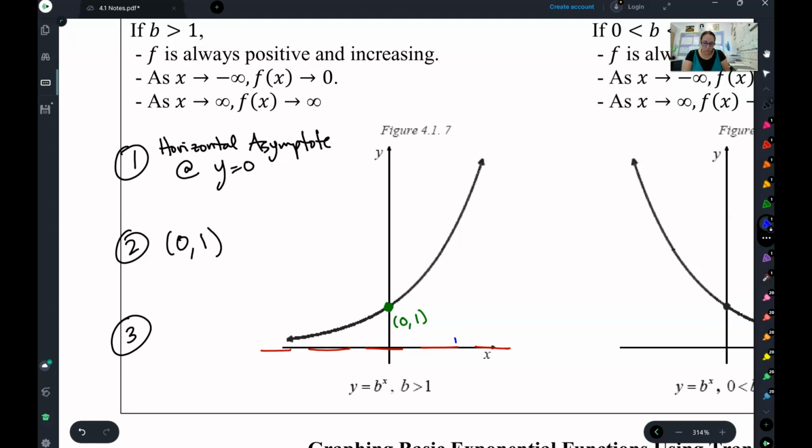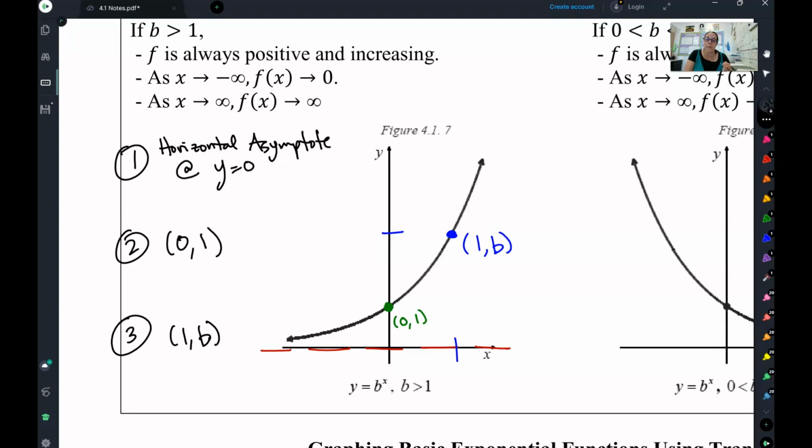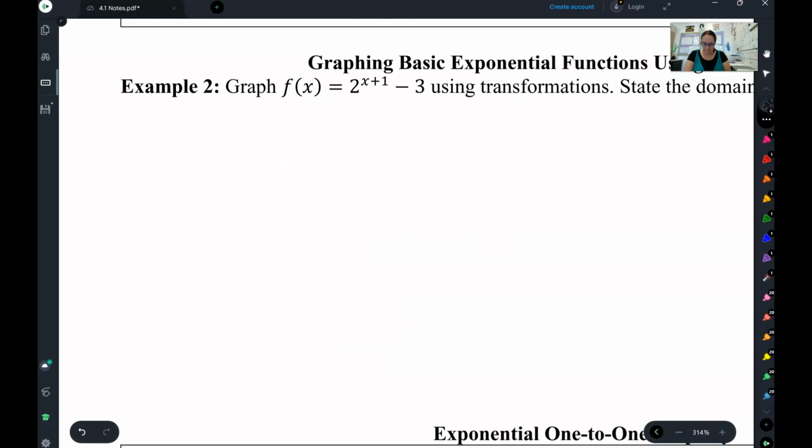Then there is one more point that every exponential graph has in common, and it is 1, the base. And that is because anything to the first power is itself. So those are the 3 points that you need to memorize and know that these belong to exponential graphs.